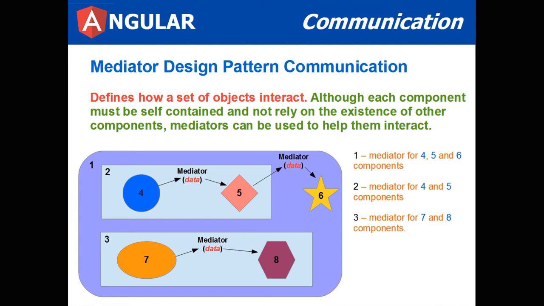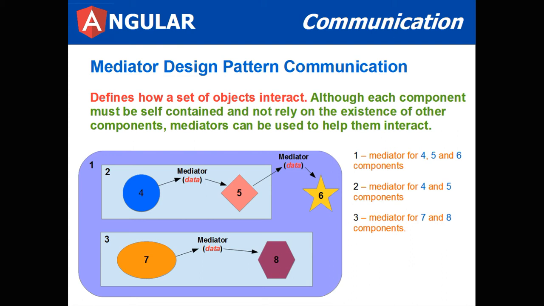Okay, so then we should talk about the mediator design pattern communication. It defines how a set of objects interact. Although each component must be self-contained and not rely on the existence of other components, mediators can be used to help them interact. So number one, the mediator for 4, 5, and 6 components.